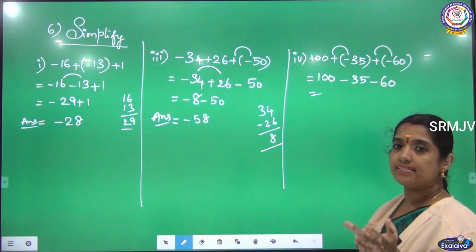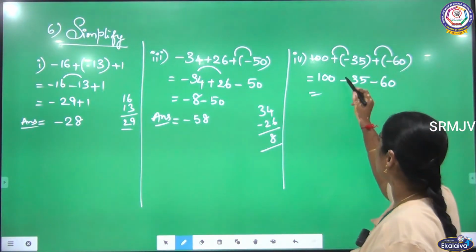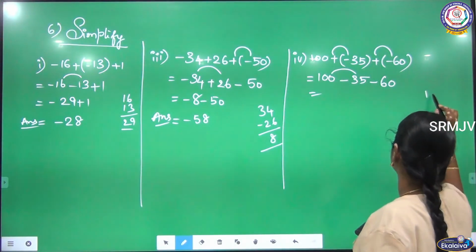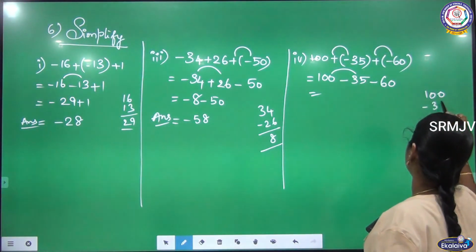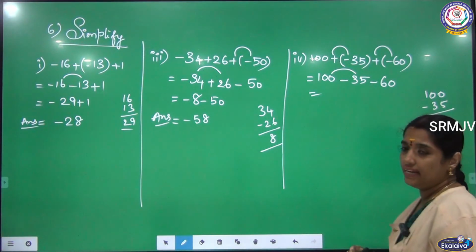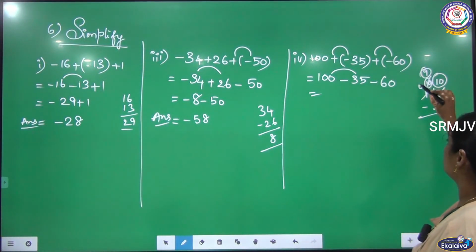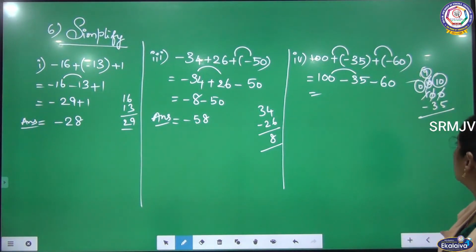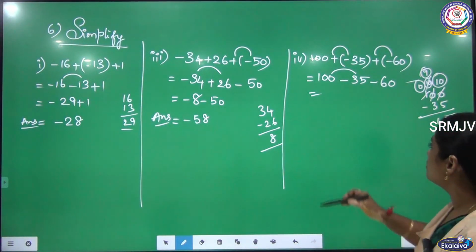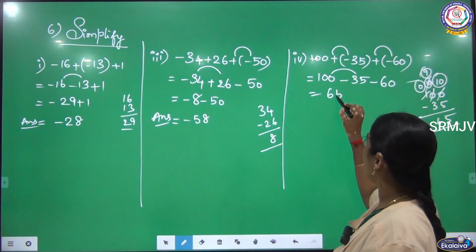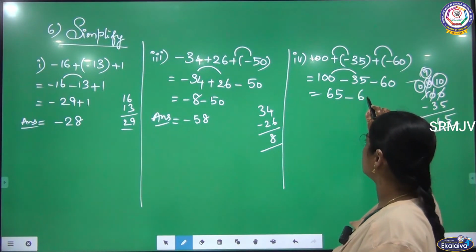Alternate sign, I am going to subtract this. 100 minus 35: 10 and this becomes 0. 10 minus 5 is 5, 9 minus 3 is 6. So 65 minus 60.